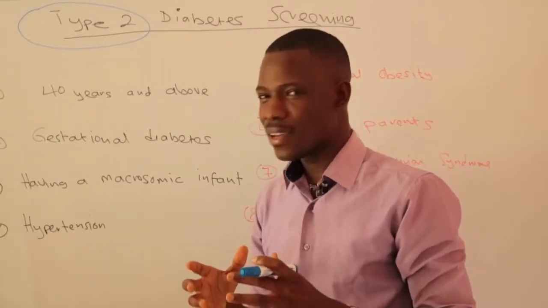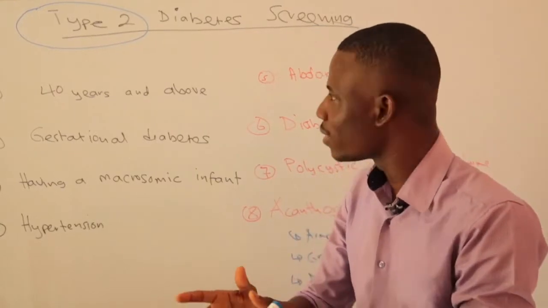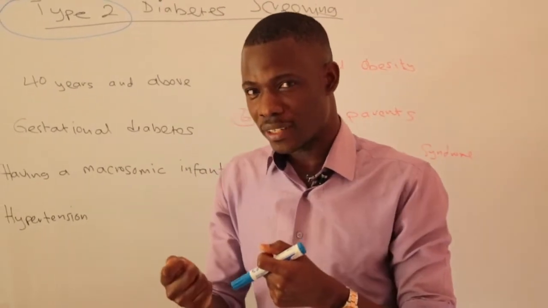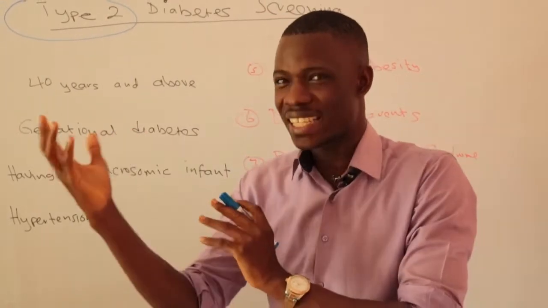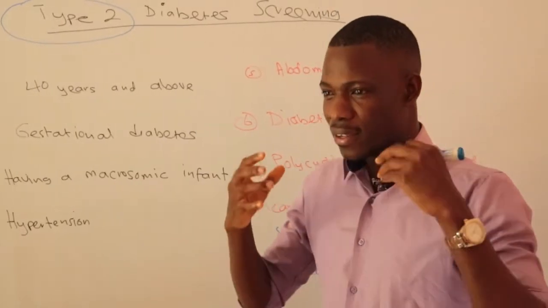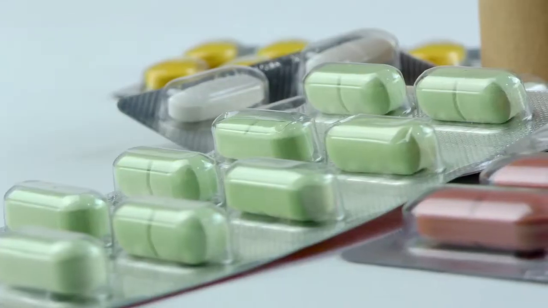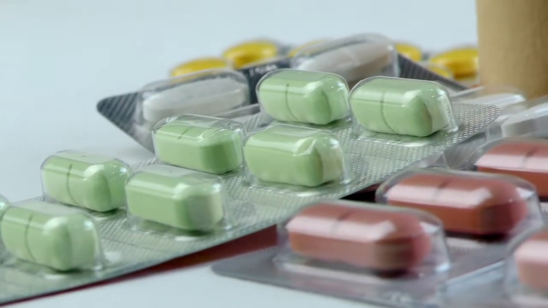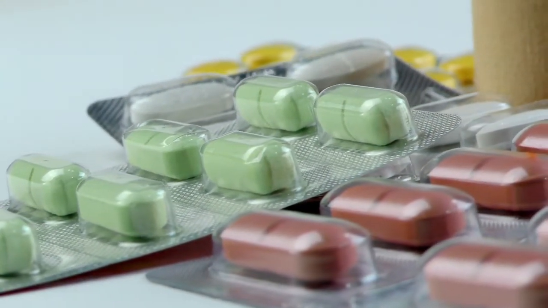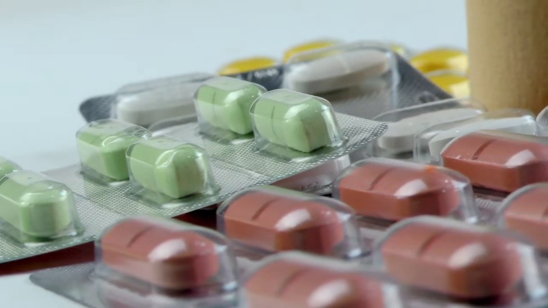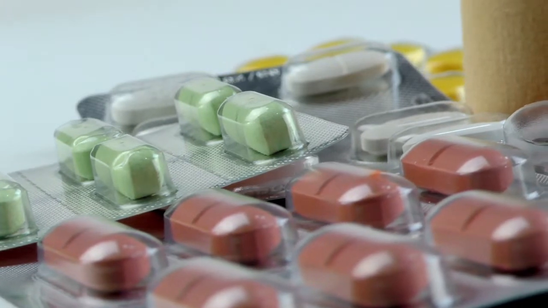So if you want to treat type 2 diabetes, we either help the body to produce more insulin, or we improve the sensitivity of the cells to the insulin. That is why we have the food method, whereby you eat very good food with a low amount of carbohydrate, and physical exercise, and then the anti-diabetic drugs which you take orally. We don't have injection in type 2 diabetes.